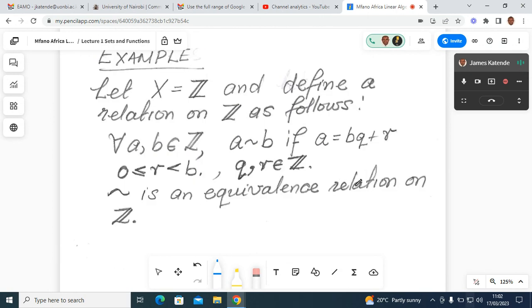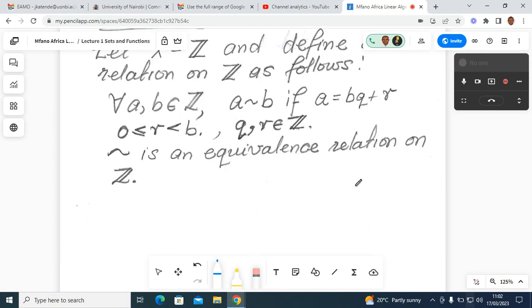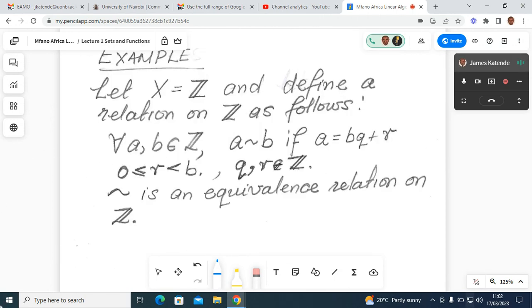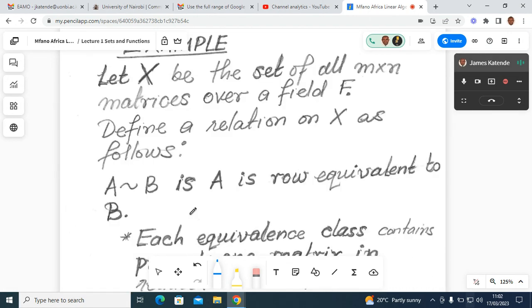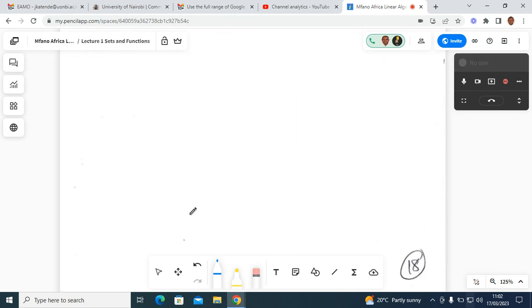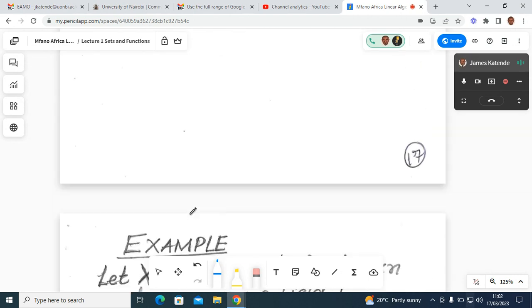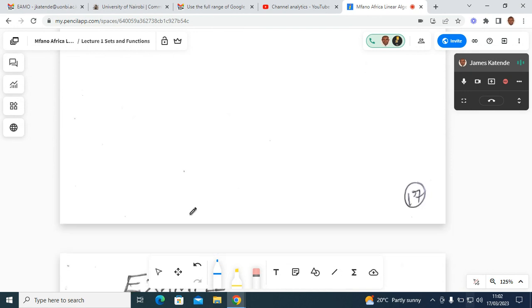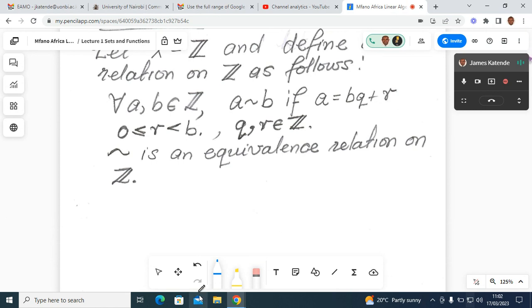So here is another example. I think we don't have much remaining for today's class, so we can do some more detail on this one.